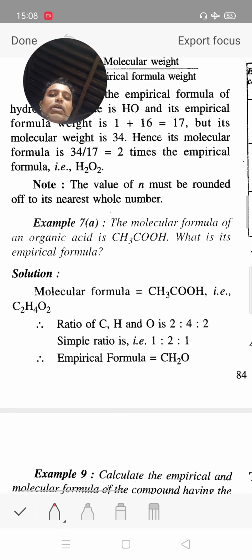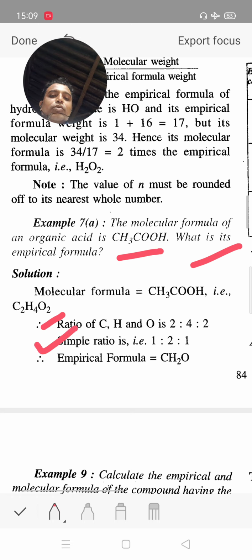Now a similar kind of example: the molecular formula of an organic acid, acetic acid, CH3COOH. Its molecular formula has total carbon 2, hydrogen 4 and oxygen 2, in the ratio carbon 2, hydrogen 4, oxygen 2.